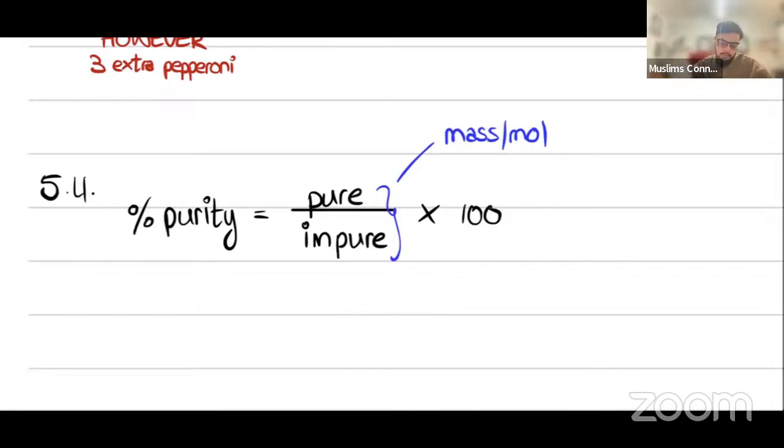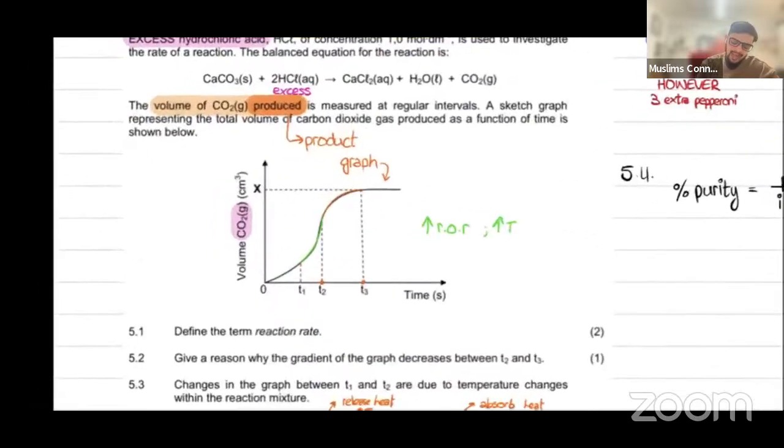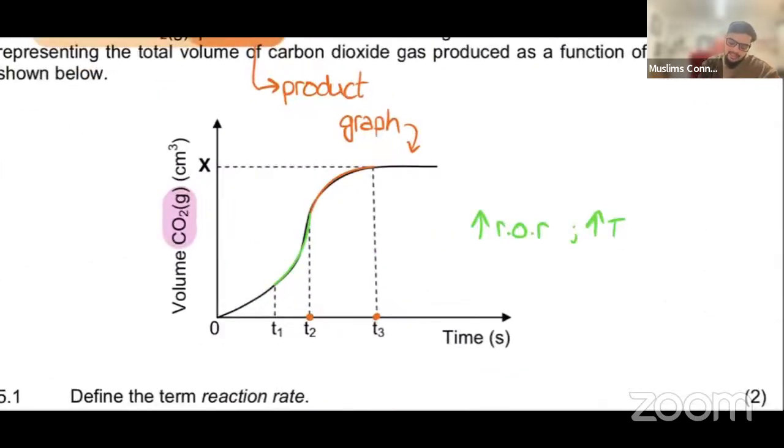They say calculate the value X. What is X? X is the final amount of gas produced in the particular equation. So we start off at 0 and X is the final amount.